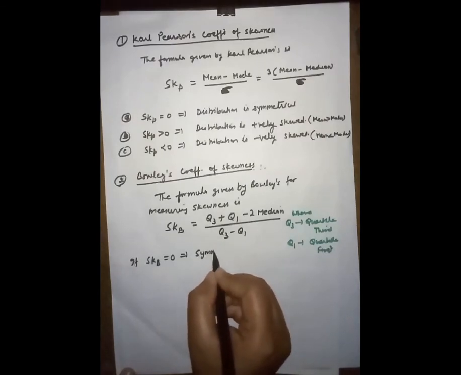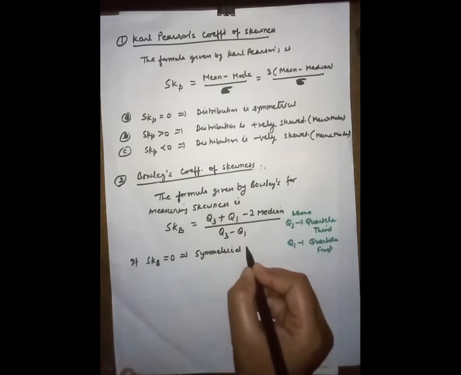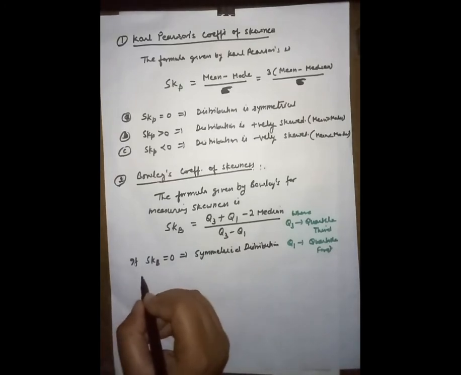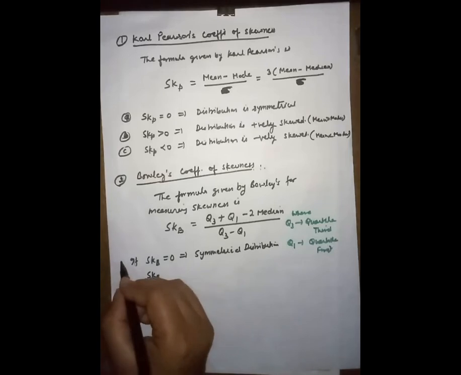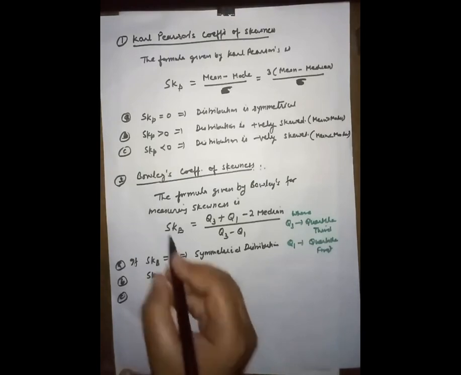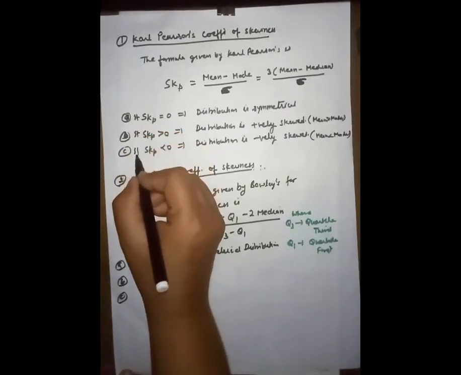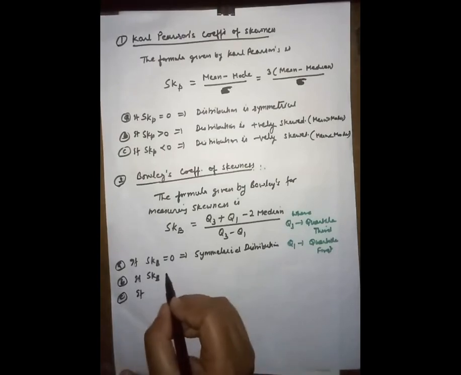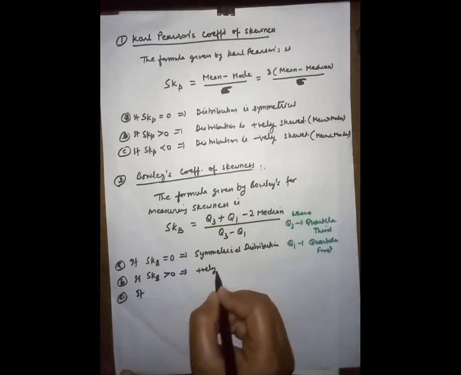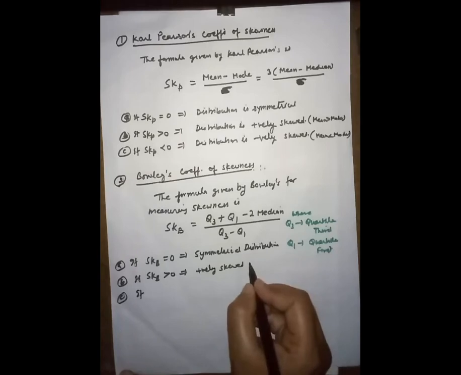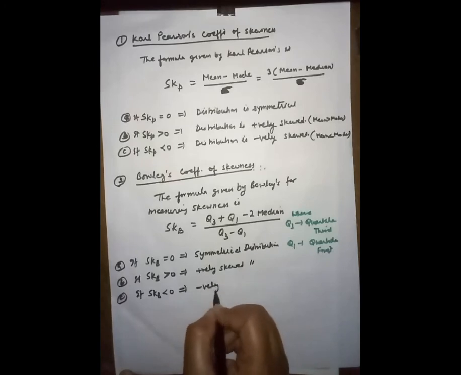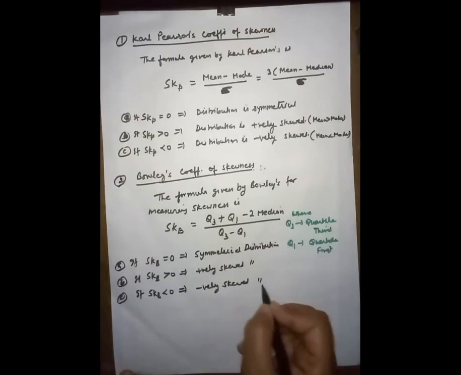If SKB is greater than 0, it is a positively skewed distribution, and if SKB is less than 0, it is a negatively skewed distribution.